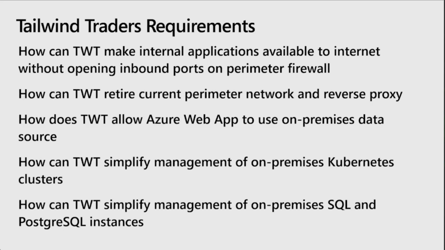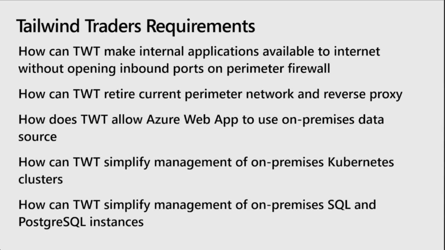What Tailwind Traders really wants to do is shift those applications up so that those applications still sit on an internal network, but instead of having a perimeter network, the traffic comes in through Azure. Now, as part of their application modernization strategy, Tailwind Traders has moved some of the web tiers of their existing applications up to Azure.